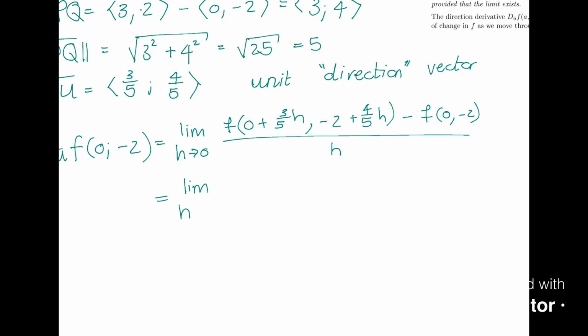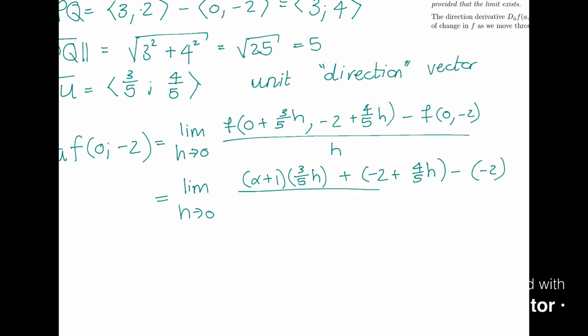So then we have the limit as h approaches 0 of alpha plus 1, 3/5 h, plus negative 2 plus 4/5 h, minus 2 over h. Now these two will cancel out, as this will become positive, it will cancel out.